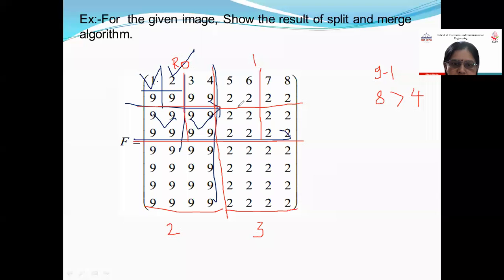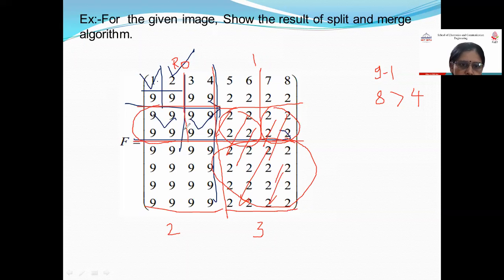Now for these two regions, again no splitting is required and we can compare it with adjacent region and they are similar, so we can merge these regions together. Okay, then again we can compare this region with this region, we can merge them together. We compare it with adjacent region and we merge all these regions together.